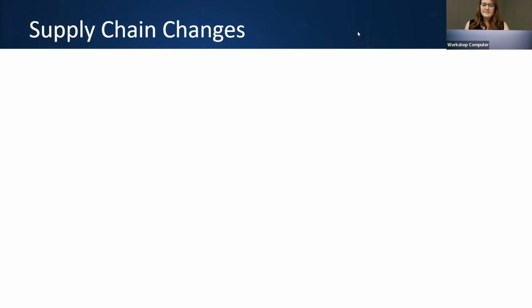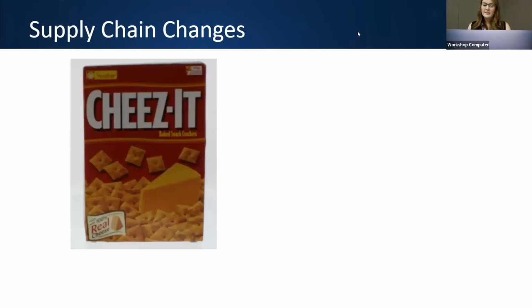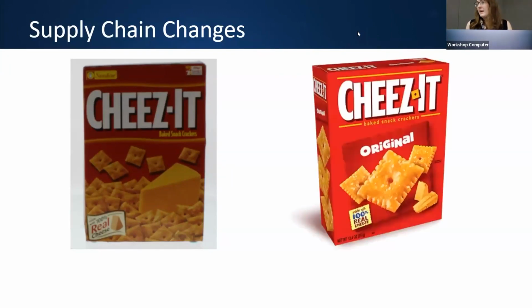One thing you'll notice, which I spoke about a little bit earlier, so here's a Cheez-It box. This is the Cheez-It box from the YCB collection, the initial collection in 2015. And then this is the Cheez-It box today. It looks similar, but it is very different, which may cause issues with image recognition systems.